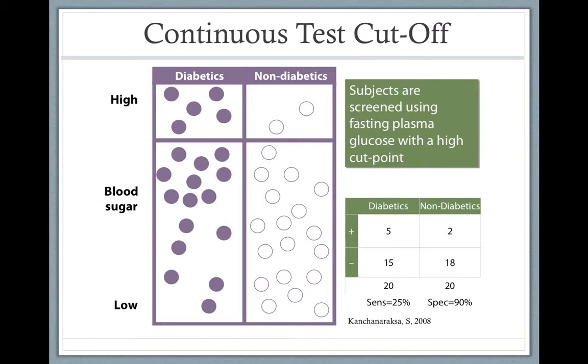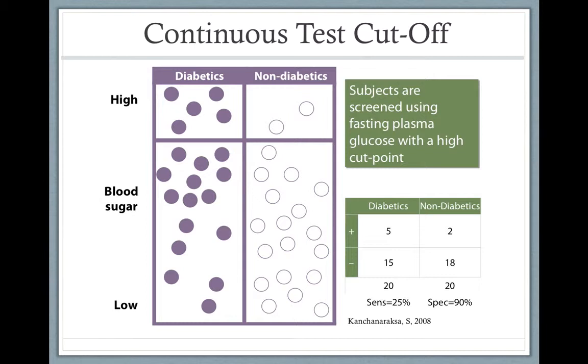If the severity of the disease is high and the cost and difficulty of administering the test is low, then you want to have a high sensitivity. So in this case, we would have a low blood sugar cutoff.